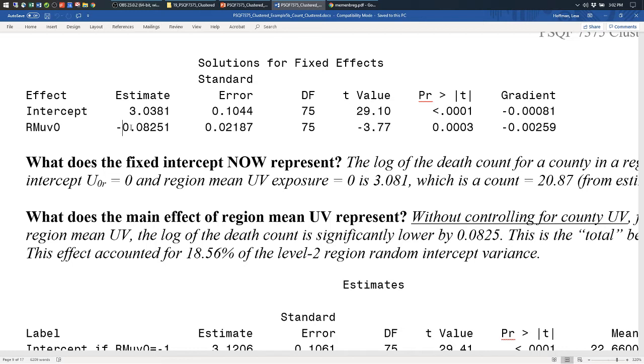So this is level 2, right? Region mean. So for every unit more UV your region has on average than other regions, your region's death count in logs goes down by 0.08.